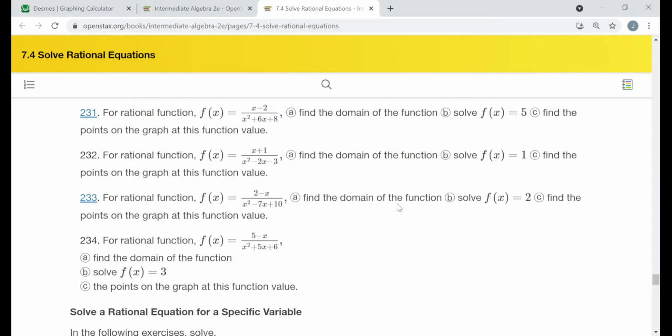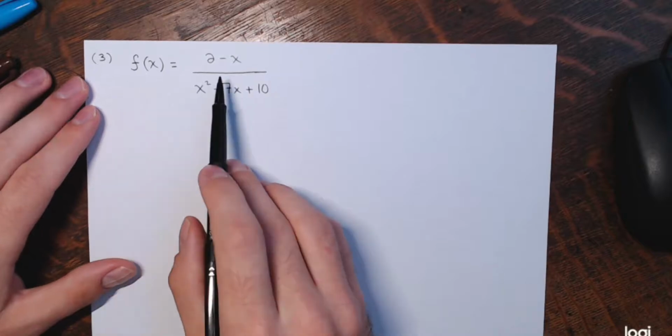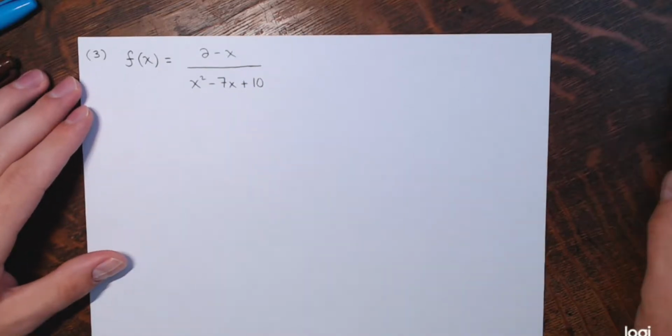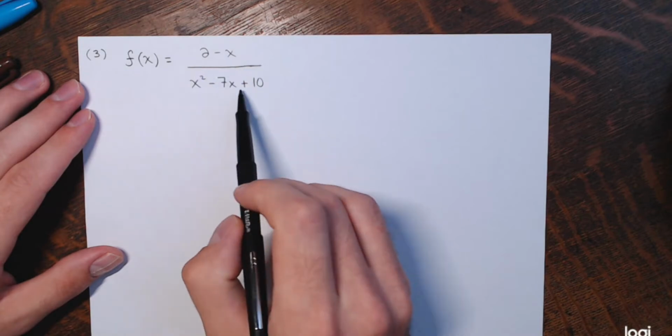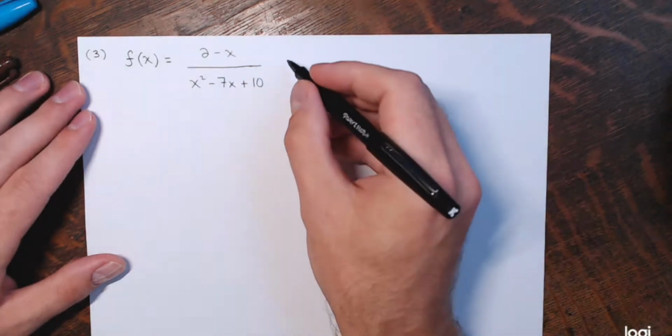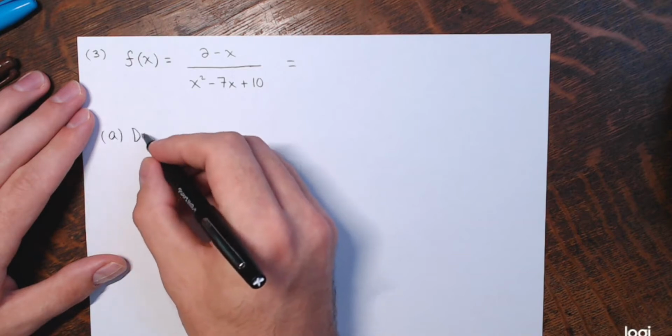Again, part A is find the domain. All right, so back to my paper. There's the function we were given, and this is what I'm going to type in when I graph it. So f of x equals 2 minus x divided by x squared minus 7x plus 10. And part A is what's the domain?